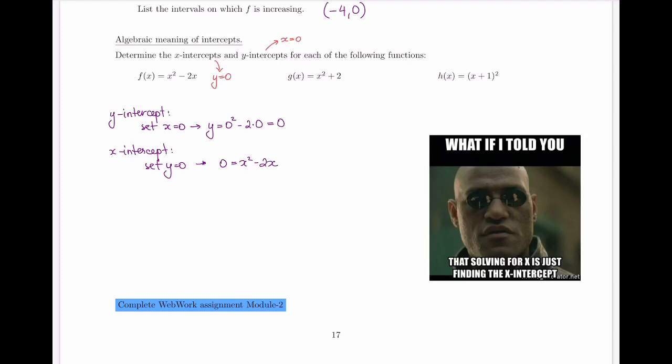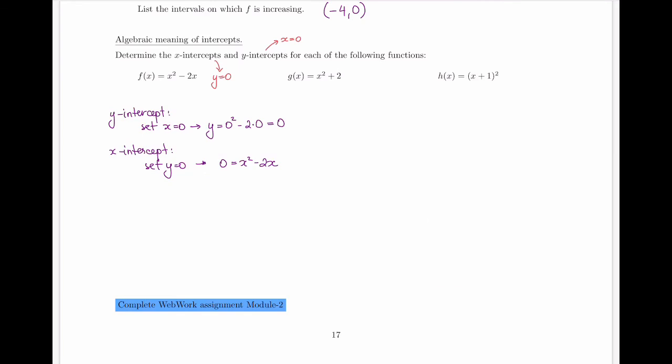And so now I have to actually solve this equation. Remember, as I mentioned a couple of pages ago, do not divide, because you will lose solutions, but rather factor your equations. If you need more review on how to solve equations, take a look at Module 1 of the Precalculus Refresher course. So factoring out x, I'm going to get x times (x minus 2) is equal to 0.